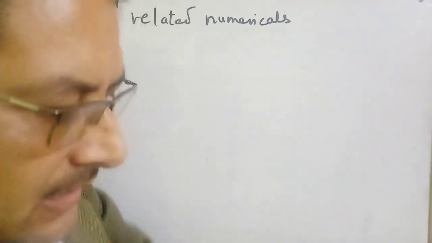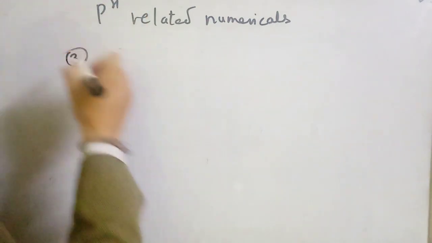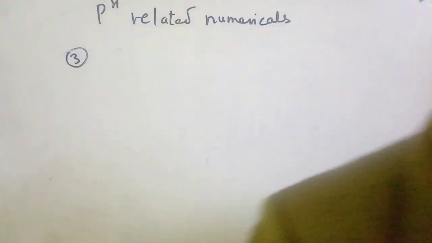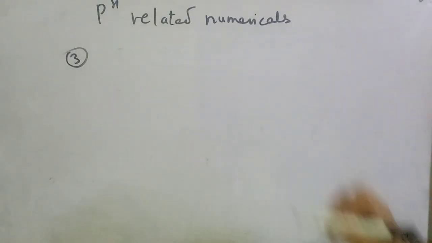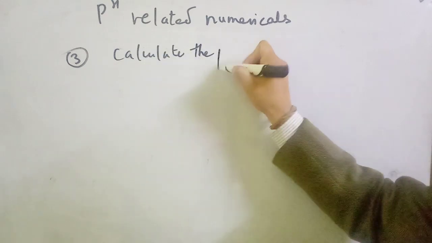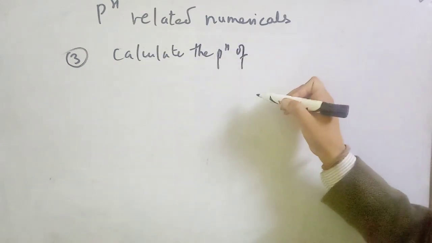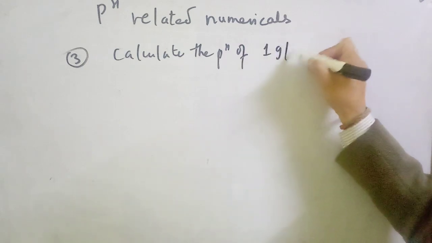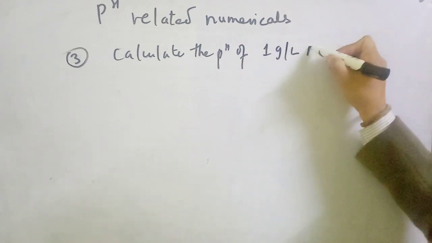Okay, now I go to the third type of problem. Calculate the pH of 1 gram per liter NaOH solution.